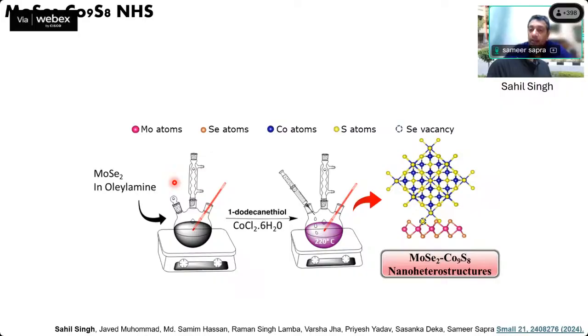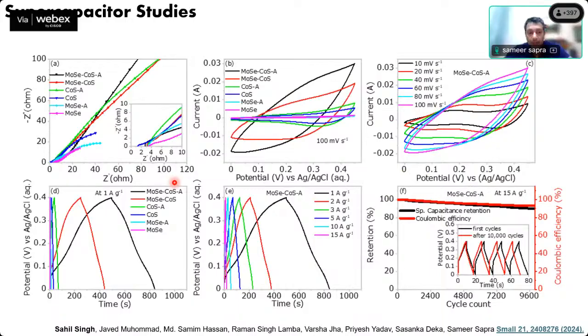very good capacitors, or rather supercapacitors. Now, I don't think I should be going into great detail over here, but if you look at these curves, the more square they are, the better they are as capacitors.